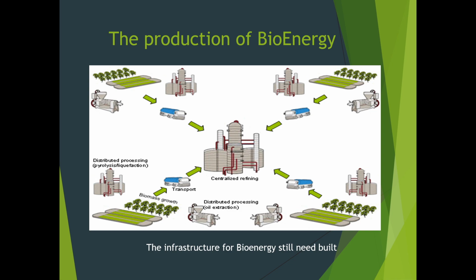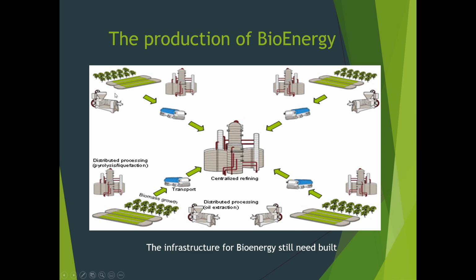But we do have some centralized refining areas that we use for oil, and I believe that we can transfer those over efficiently if we tried hard enough. But that's probably one of the biggest things holding back bioenergy, trying to build the infrastructure for distribution of it.